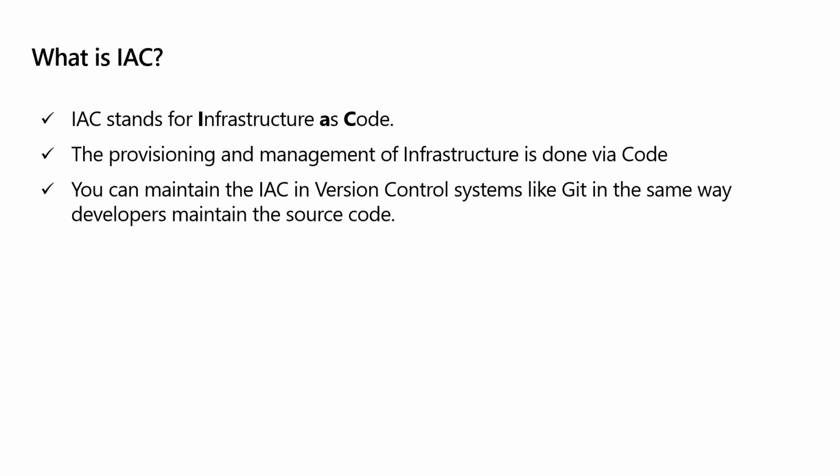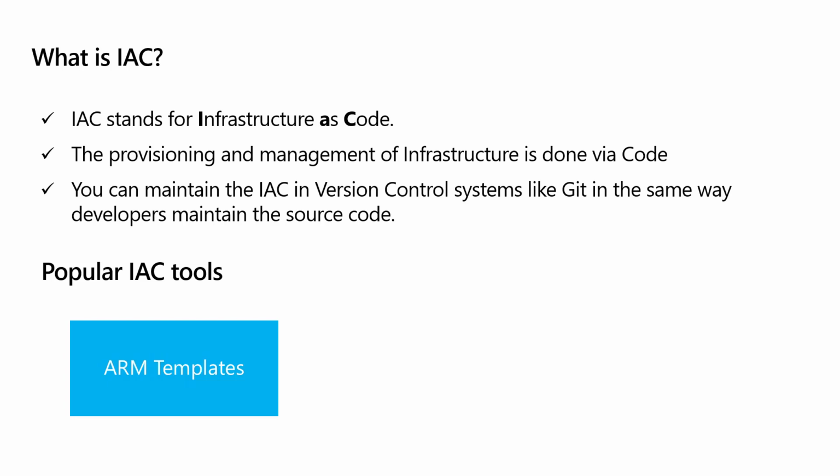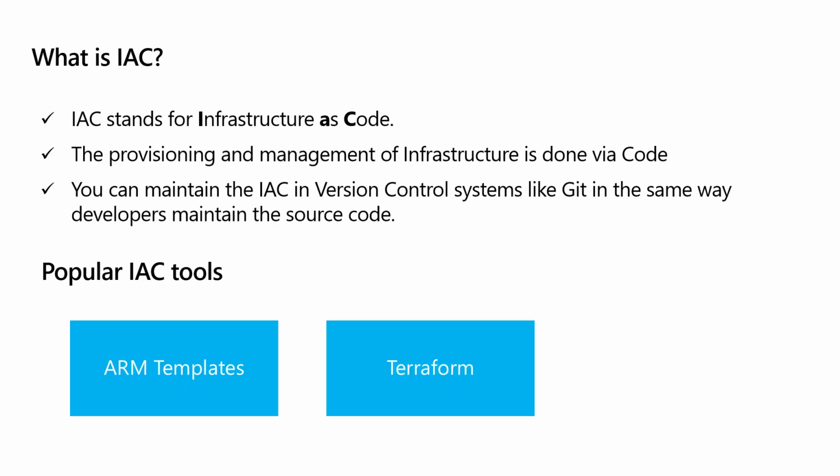There are many popular IAC tools available in the industry. One of the most common one that is used for IAC is ARM templates. And then you also have Terraform. These two are very popular IAC tools used in Azure world.